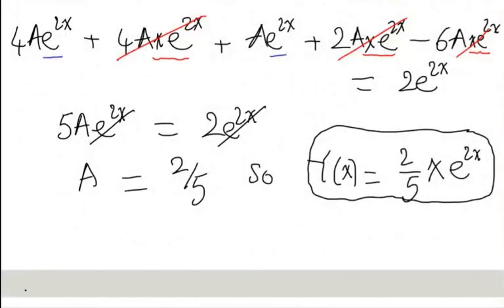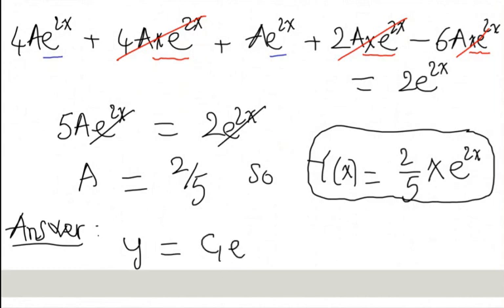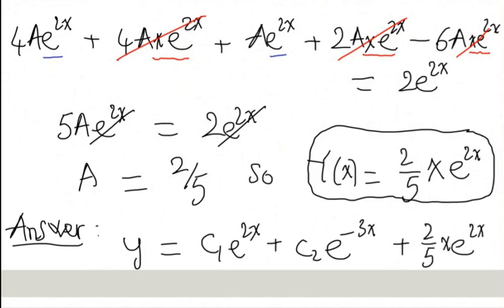So put everything together, we have the answer, which is the general solution to our non-homogeneous equation: C1 e to the 2x plus C2 e to the negative 3x plus 2/5 x e to the 2x.